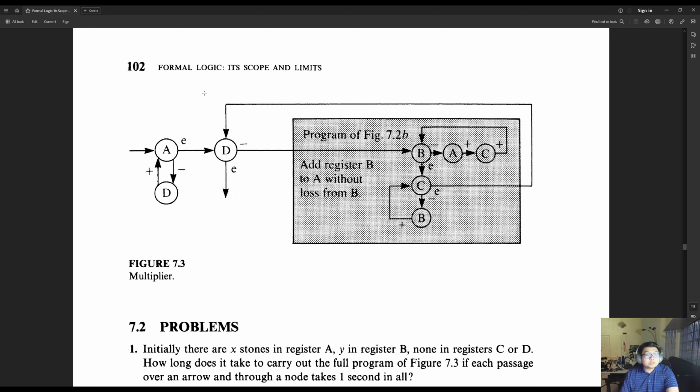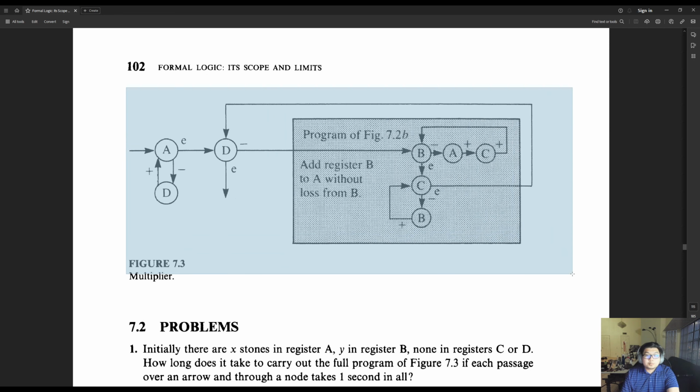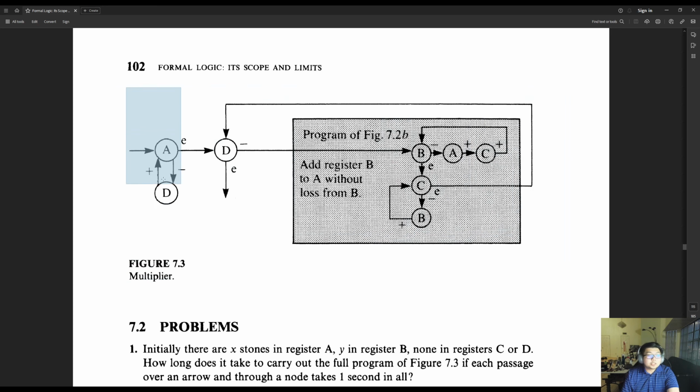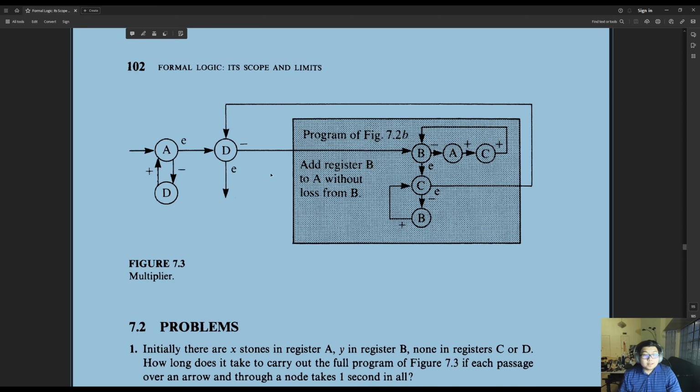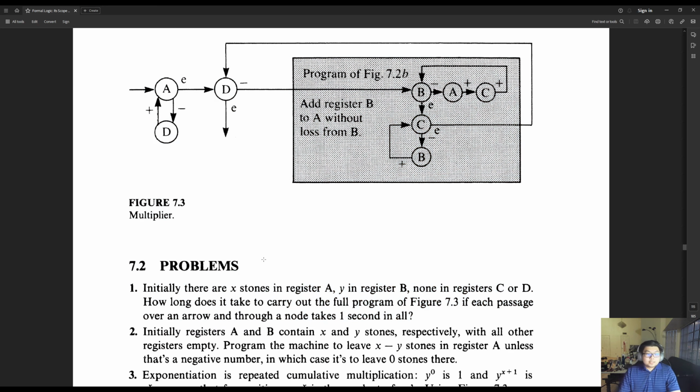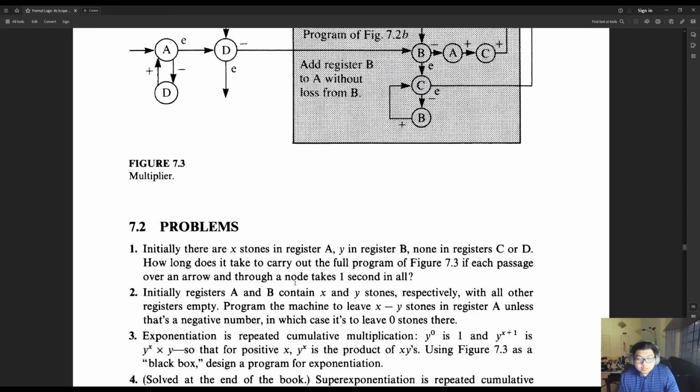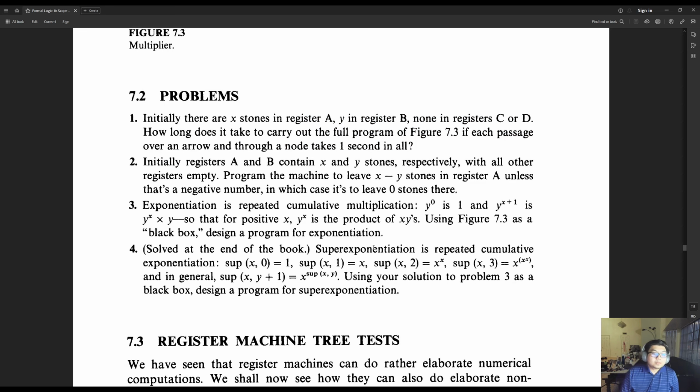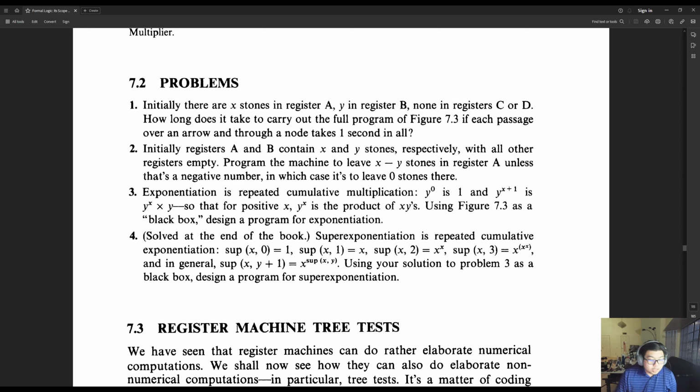And we're going to do the same concept here with this program as a black box for the exponentiation program, because exponentiation is, as the problem said, cumulative multiplication. And with that, let's go to the program that I wrote.